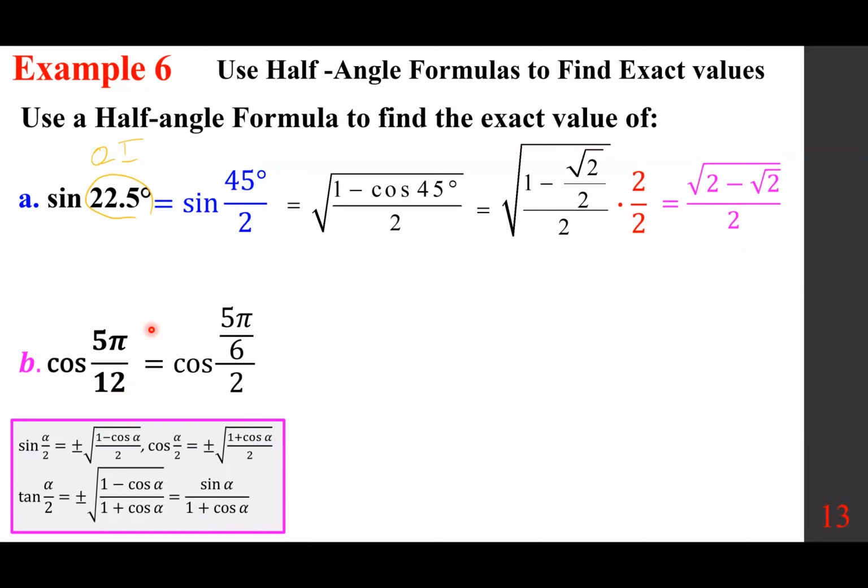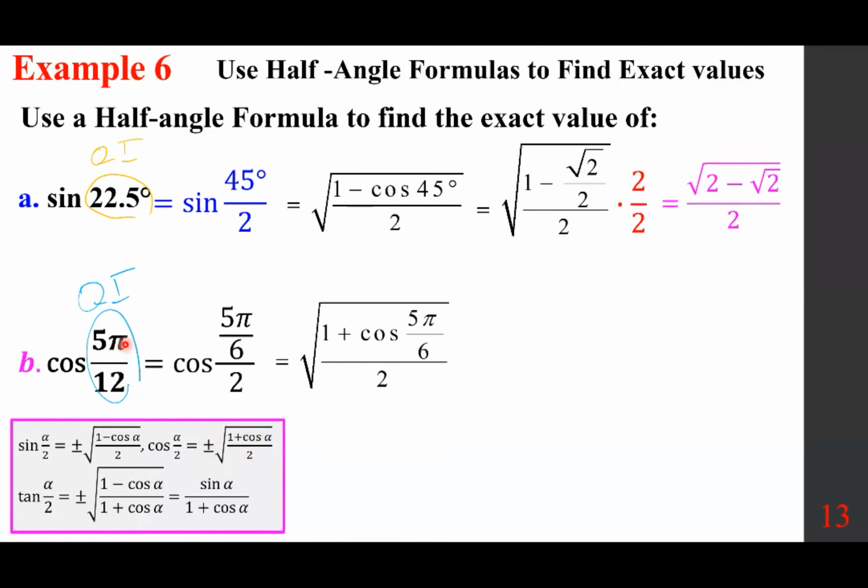Again, please notice this is in quadrant 1, because 6 pi over 12 is pi over 2, so this is less than pi over 2, and this means also quadrant 1. And so if we are using this plus minus, we use the plus, quadrant 1.